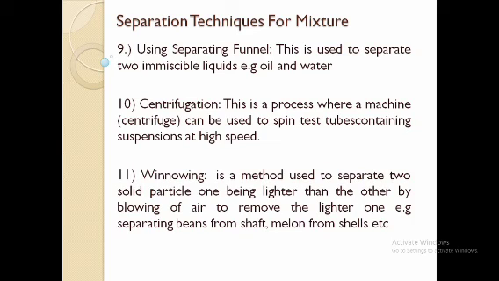Winnowing is a method used to separate mixtures of two solid particles, one being lighter than the other, by blowing air to remove the lighter ones. For example, when we want to separate beans from chaff, we just blow away the lighter chaff and we get our beans.